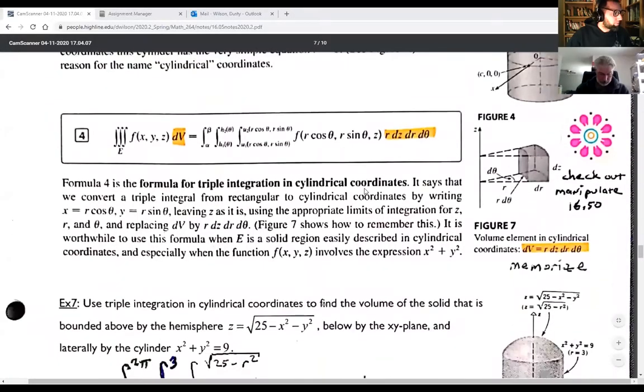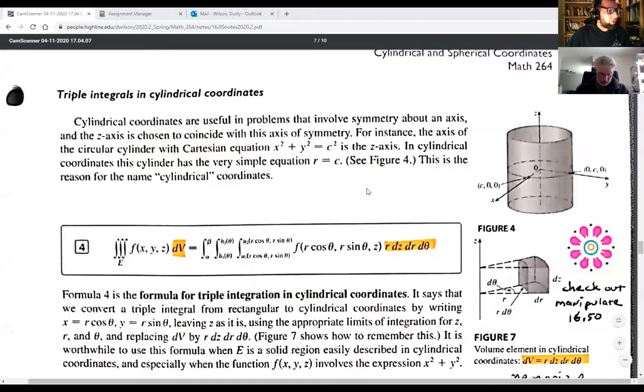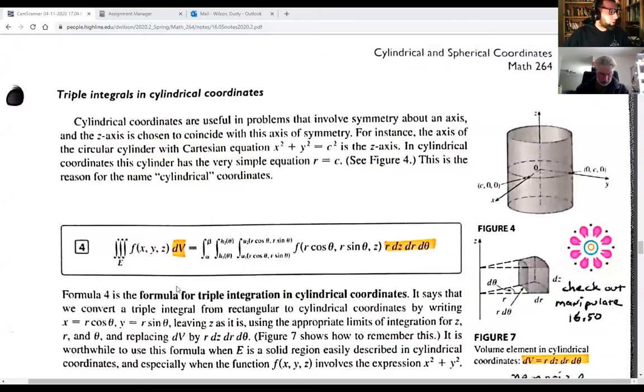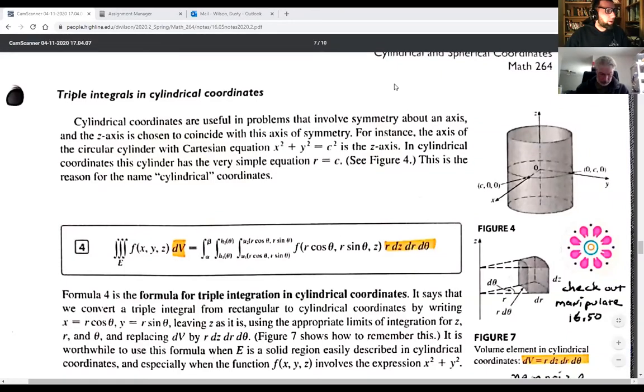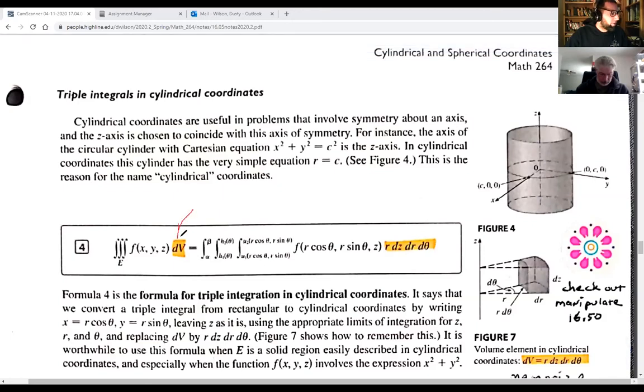So we started talking about triple integrals and cylindrical coordinates, and we ended with this formula that says that dV is equal to r dz dr dθ. And this r dr dθ part is the exact same thing as in polar coordinates.